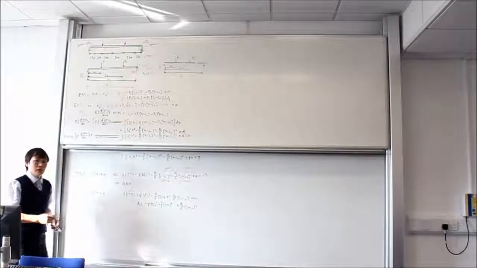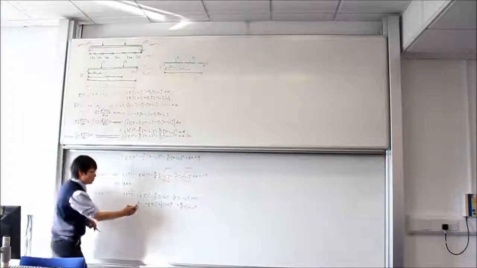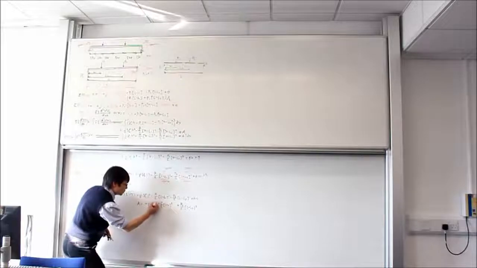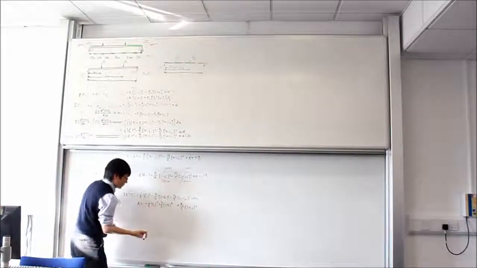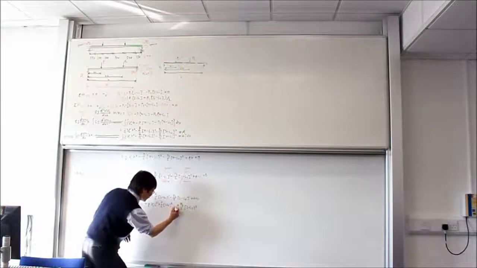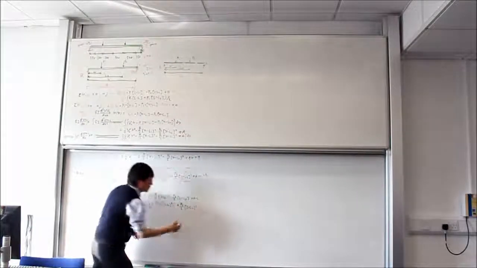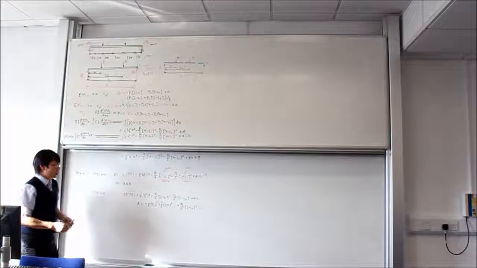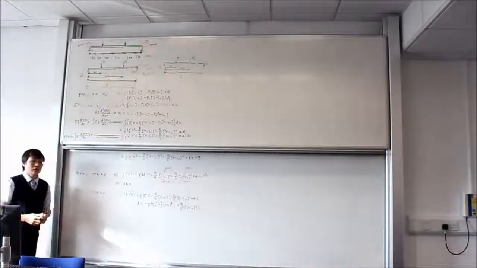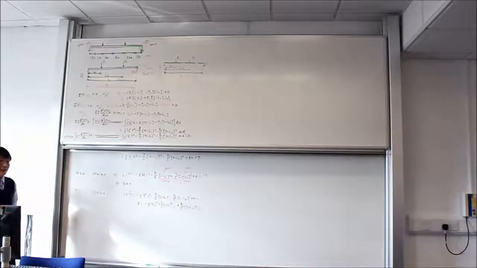Right? Then we divide by L, because you get L here. So this divided by L becomes the square. So once we got that one, we can take off this one. So that's the equation for A.